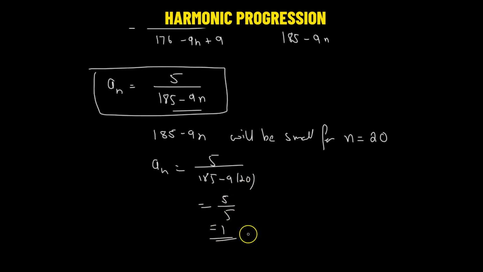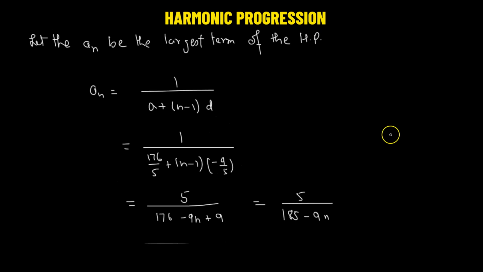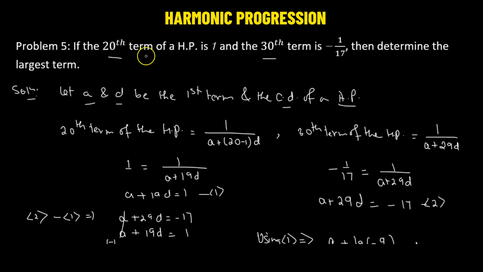So this is the highest possible value, for n equals 20. That means the 20th term gives us the highest value of the given harmonic progression. So the 20th term, which has a value of 1, is the largest term. This is how we can use harmonic progression to solve a problem.